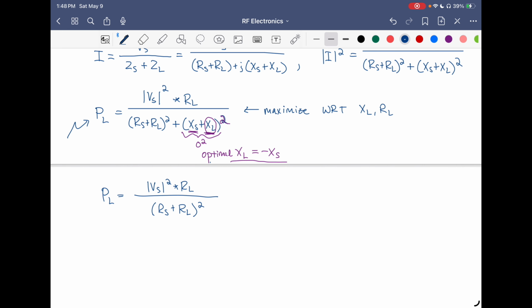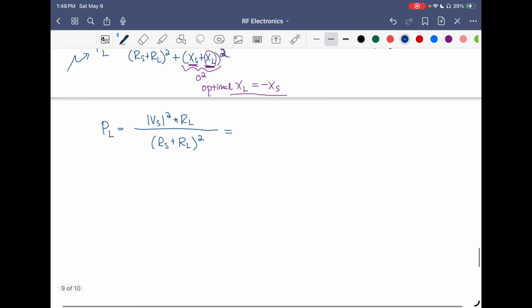In this case, we know that one method to find the optimal RL is to take the derivative of this expression with respect to RL and set it equal to 0. So if we take the derivative of this expression, we can pull the Vs squared out because it's just a constant with respect to RL.